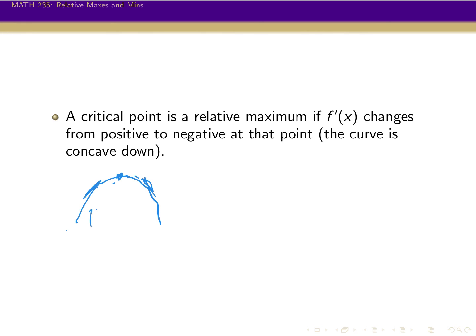And so over here, we have f prime of x is positive. Over here, we have f prime of x is negative. And so at the critical point, the derivative of the function has changed from being positive to negative. So at a relative maximum, the function is changing from increasing to decreasing.